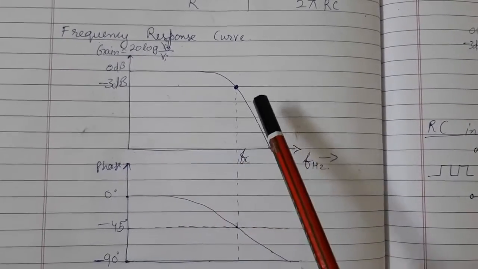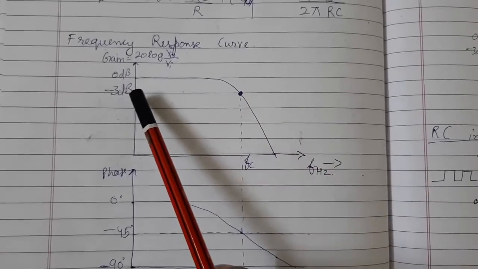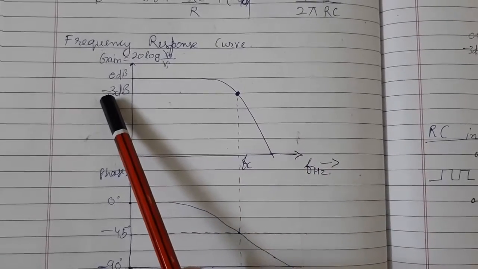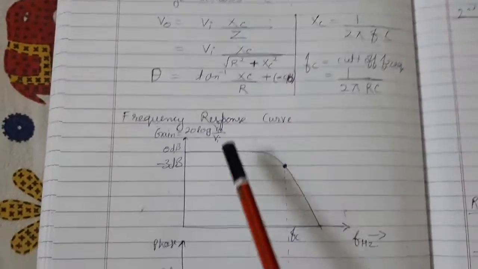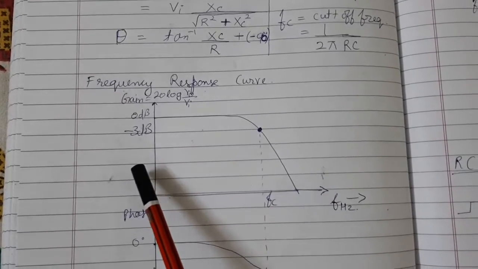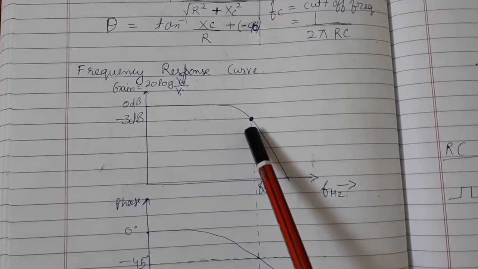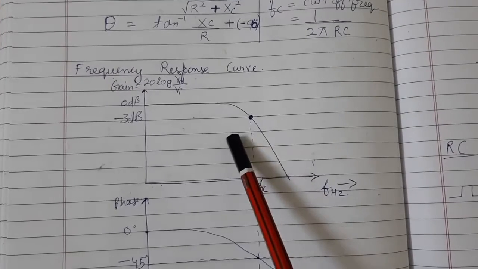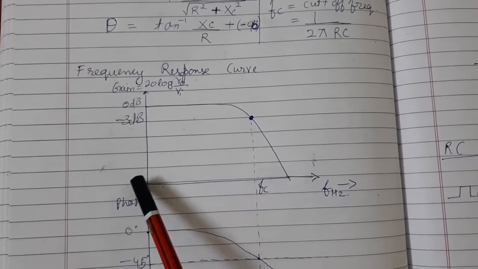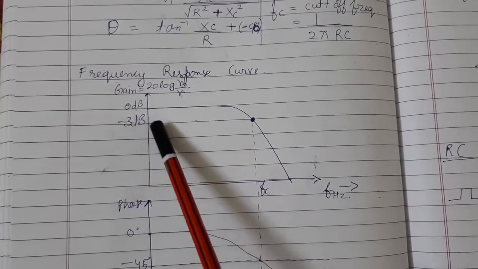So what do we mean by cutoff? Since this is a low pass filter, whatever frequency is lower than the cutoff frequency is going to be passed.